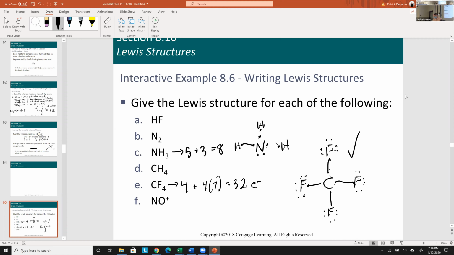So the single bonds form, and you end up with this. And this nitrogen has a lone pair of electrons that are not bonding to anything. And that's totally fine. You can have that. I'll let you do that, and you can ask me any questions.